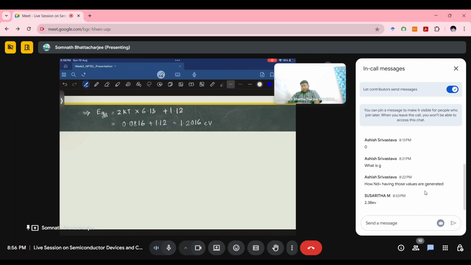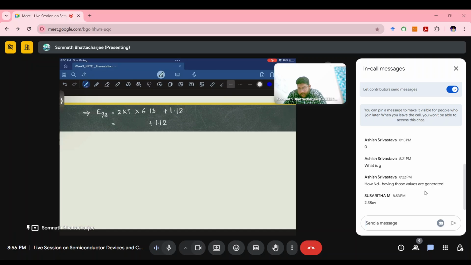2.38? How did you get 2.38? Have I made any miscalculation somewhere? 6.15 multiplied by 0.06636. No, no, no, this is wrong actually.